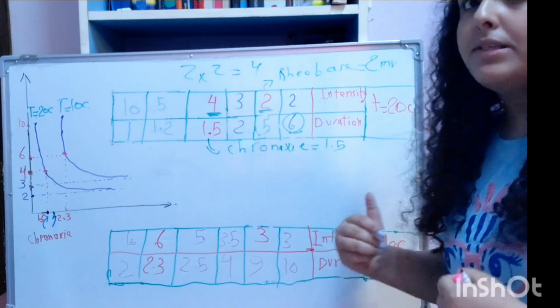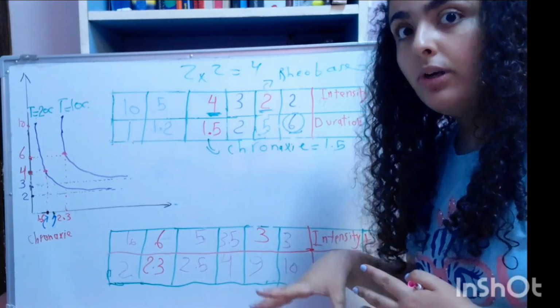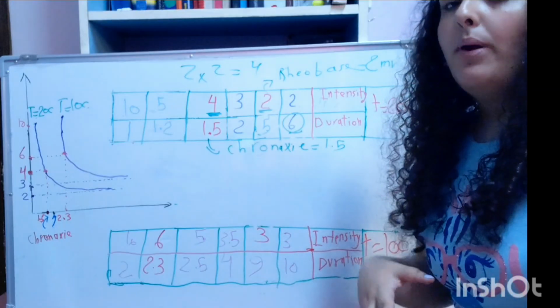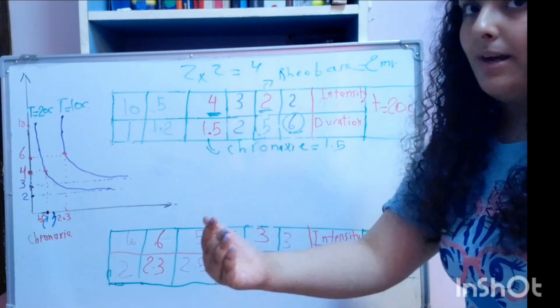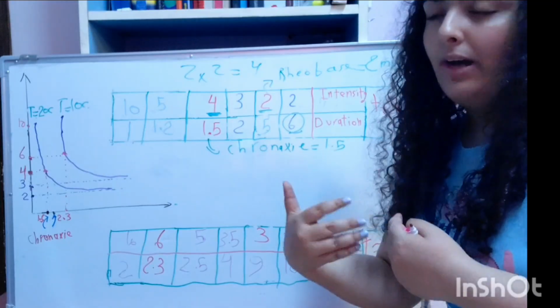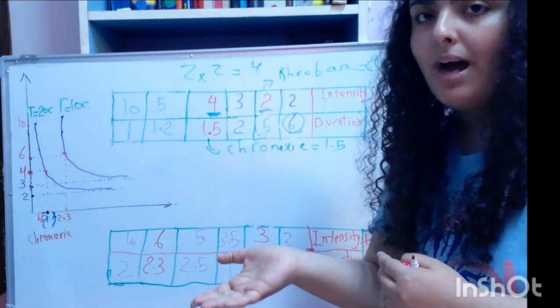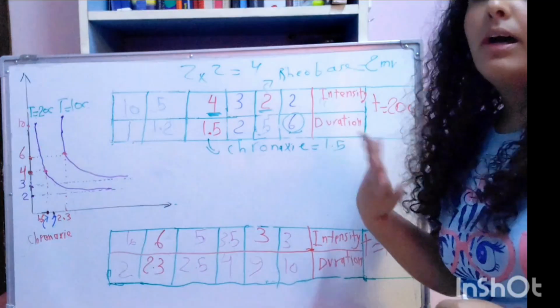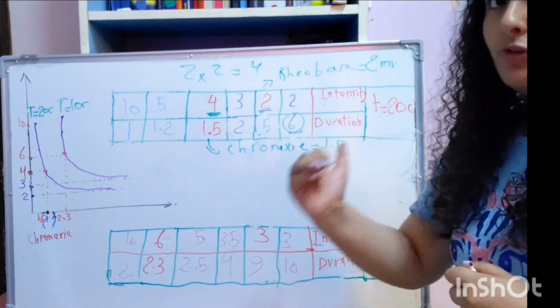But the inverse relationship is between temperature and Rheobase, and temperature and chronaxy. Because as we said, when the temperature is high, the excitability is high. And when the excitability is high, the Rheobase and chronaxy are low. And that makes the Rheobase and chronaxy low when the temperature is high.